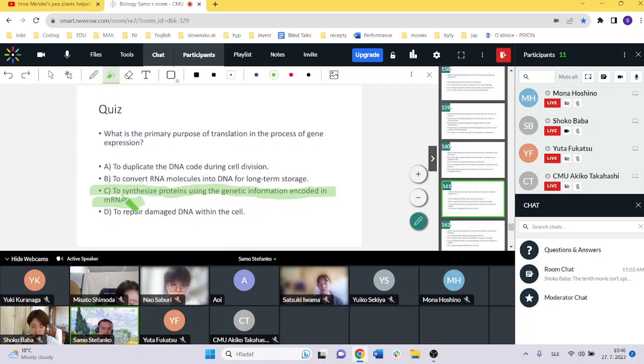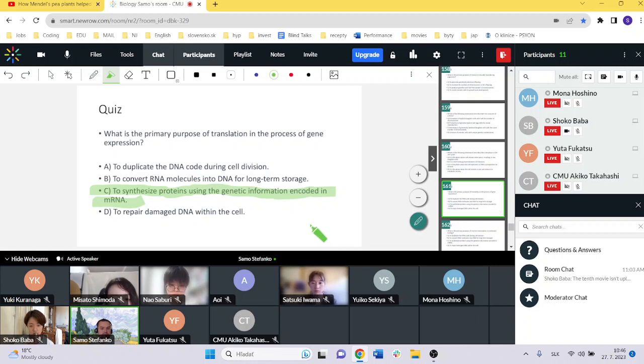So what's wrong with B? To convert RNA molecules into DNA for long-term storage. How do we call this process? Anyone? Do you remember? We mentioned once or twice already reverse transcription.